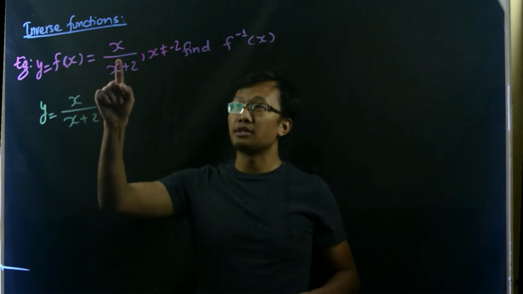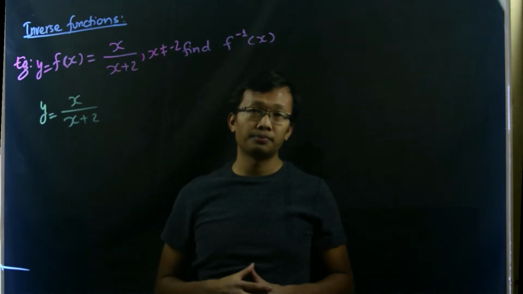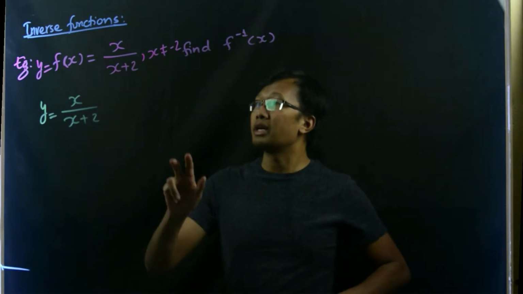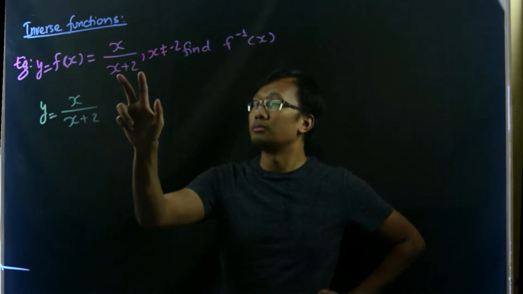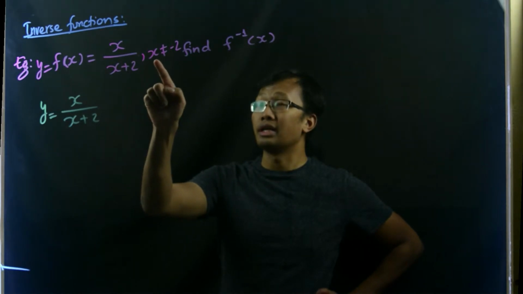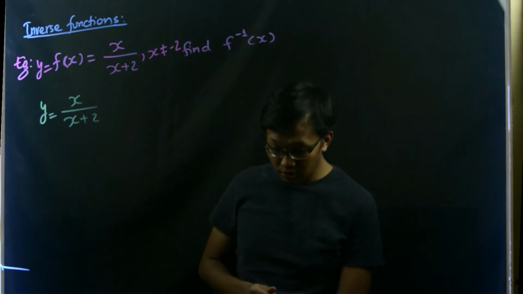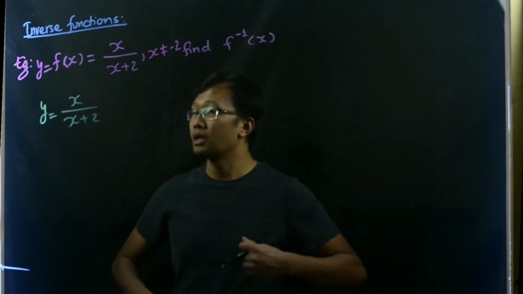y equals f of x equals x over x plus 2. Let's find its inverse. We already know that x plus 2 must not be 0, so we exclude x equals negative 2. So x is not equal to negative 2.